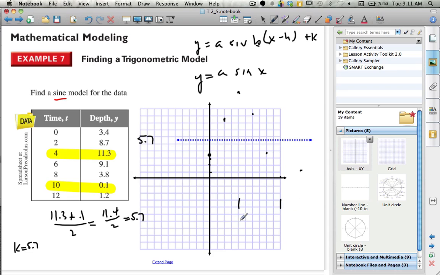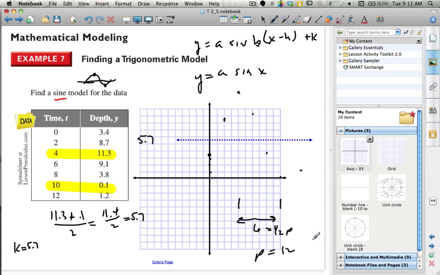Great. Now the other thing it has told me is, if I take a look at here and here, the horizontal distance, in a sine function, the distance between my maximum and my minimum is 2/4 of the period, which is 1/2 of the period. So this distance is half the period. 10 minus 4, this distance is 6, is half the period, so the period is equal to 12.